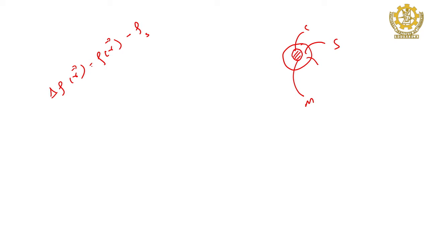Electron density difference between the system and its surrounding. Rho s is the electron density of the surrounding and rho r is the density of the material, right. Now, is it two phase or one phase? Two phase in terms of electron density, right.